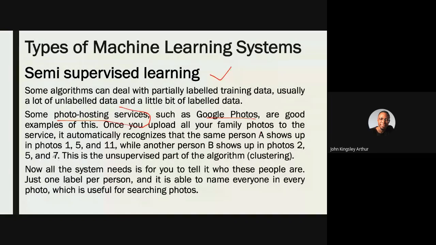Facebook has this same attribute. When you tag one person in your post, another time you upload an image on Facebook, because it has learned from the earlier tag that you did, it is automatically able to recognize the face of that individual within the picture, if the image is clear enough. So you will not have to tag the person directly.